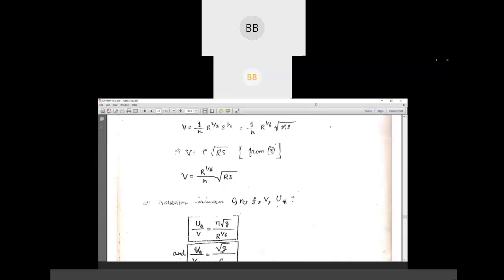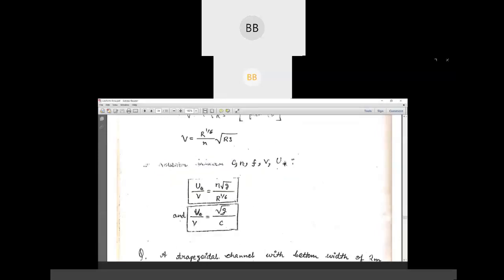You can directly write down this expression, the relationship between your velocity and n. So this is important, and these expressions are also important to solve numericals, this and this.